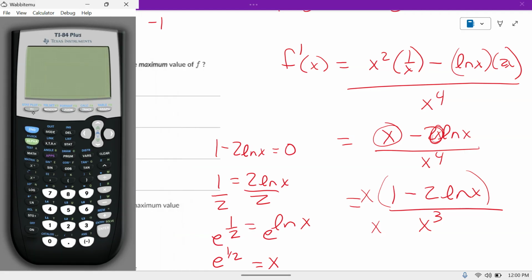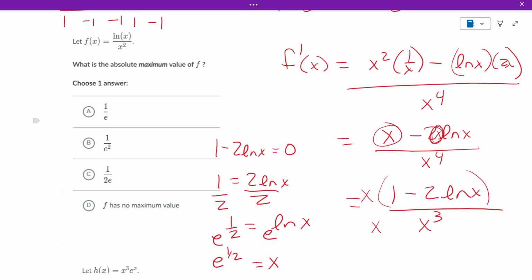Okay, look at this. So y equals the ln of x over x squared. It'll still be fine. Zoom 6.